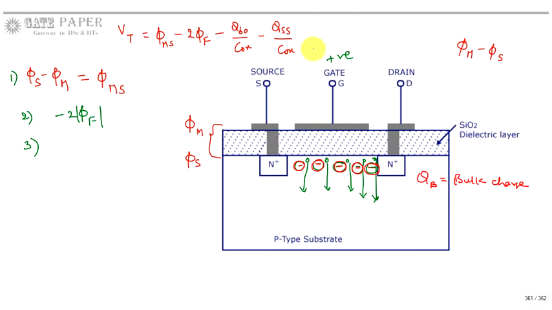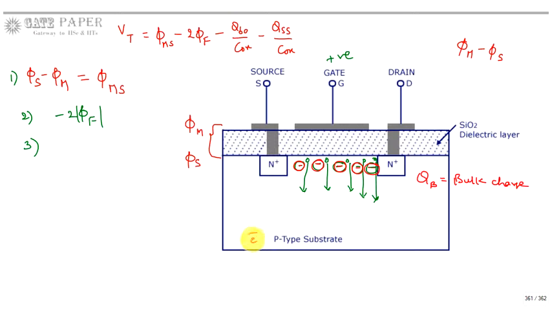So as you apply more and more positive voltage, you get more and more negative ions placed in the channel region. Okay. And if you apply more and more positive voltage, then it can attract the electrons from this one.